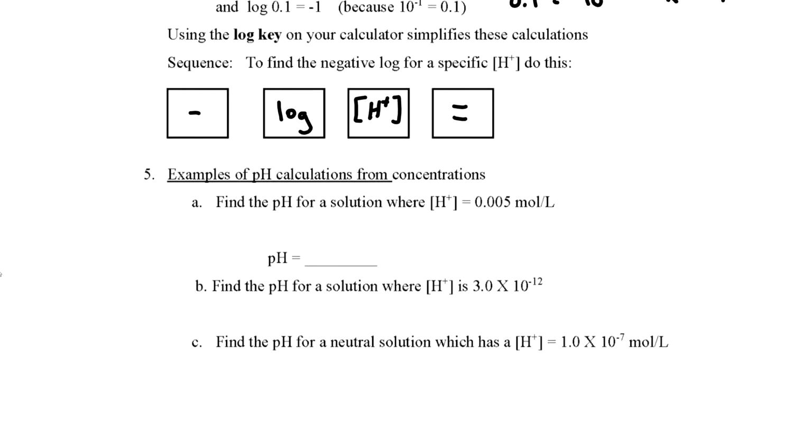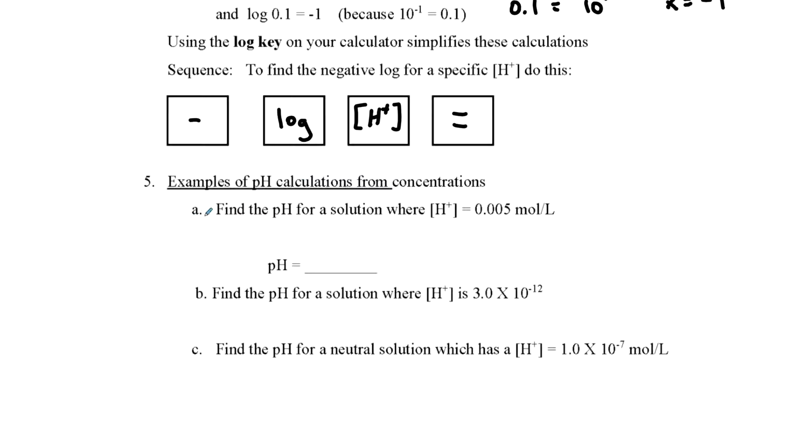Let's try a few just to see how this works. Find the pH for a solution where the hydrogen ion concentration is 0.005 moles per liter. pH is equal to the negative log of the hydrogen ion concentration, which in this case is 0.005 moles per liter.